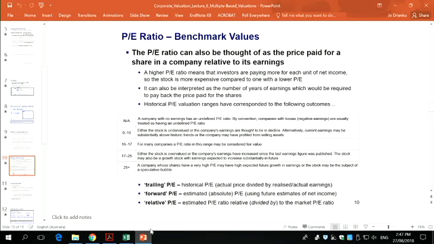The higher the PE, the less likelihood of you recommending to buy this stock. The higher the PE in a transaction, the less likely you should recommend for the company to sell itself or sell its asset to another company. It's just the price in a supermarket, right? When you go to a supermarket, you see all those prices. When something is too high, you walk away. Same thing here. If the PE ratio is too high, if you're paying too much for earnings, you should walk away.